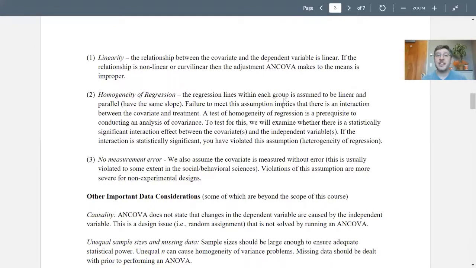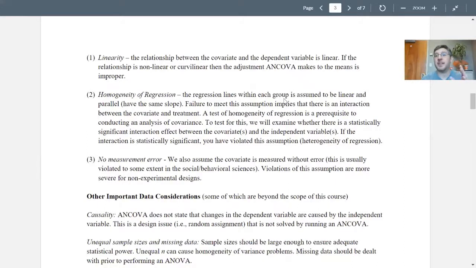The homogeneity of regression, or you might hear it called homogeneity of regression slopes, is basically an interaction effect. It's saying that there's not an interaction effect between the independent variable and the covariate. So it's saying that the impact of the covariate on the outcome is the same for each level of the independent variable.